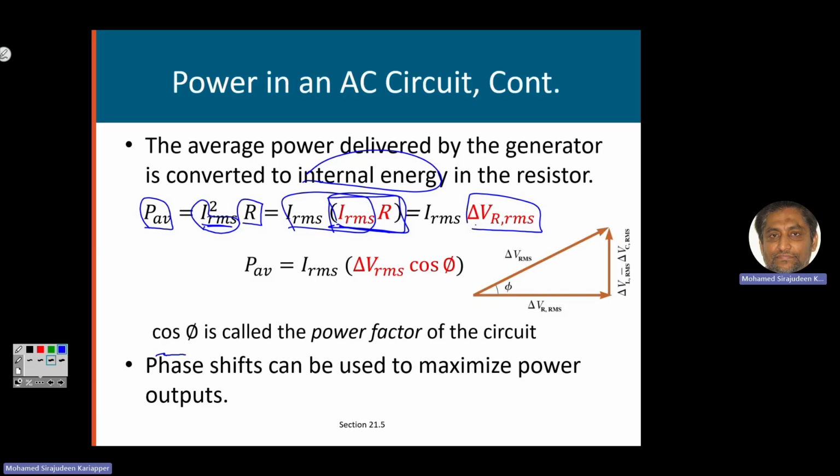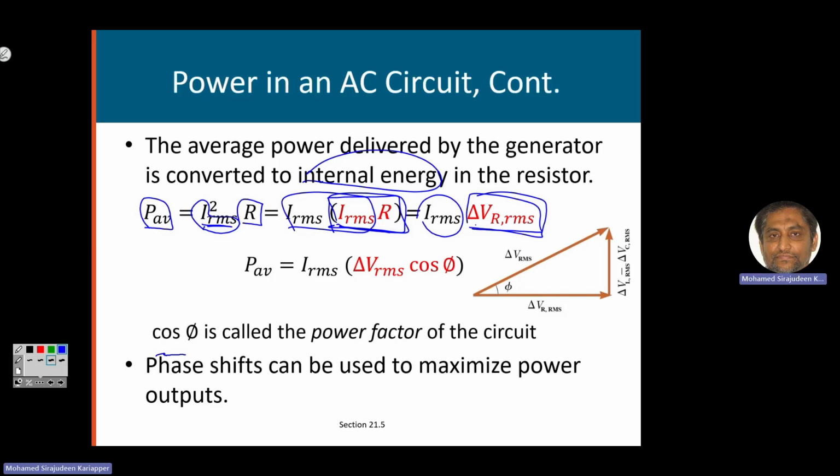So this equation now becomes the current through the circuit multiplied by the voltage across the resistor. So the current through the circuit will be the current through the resistor, multiplied by the voltage across the resistor.